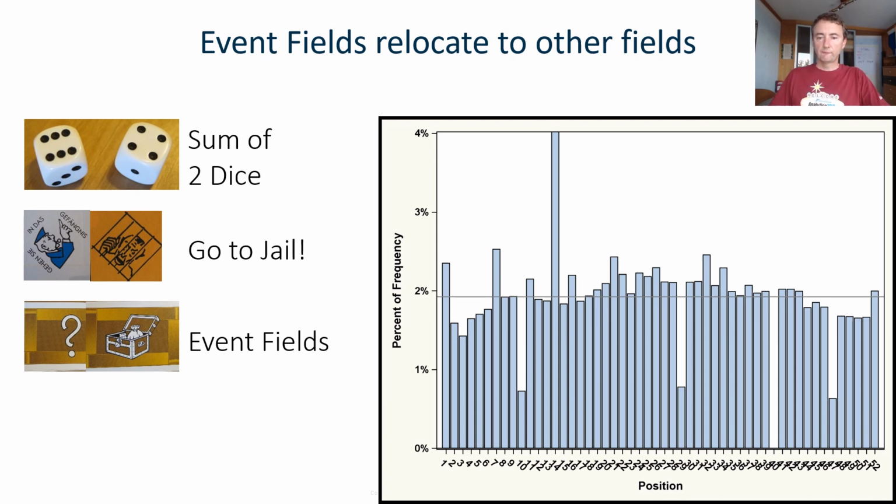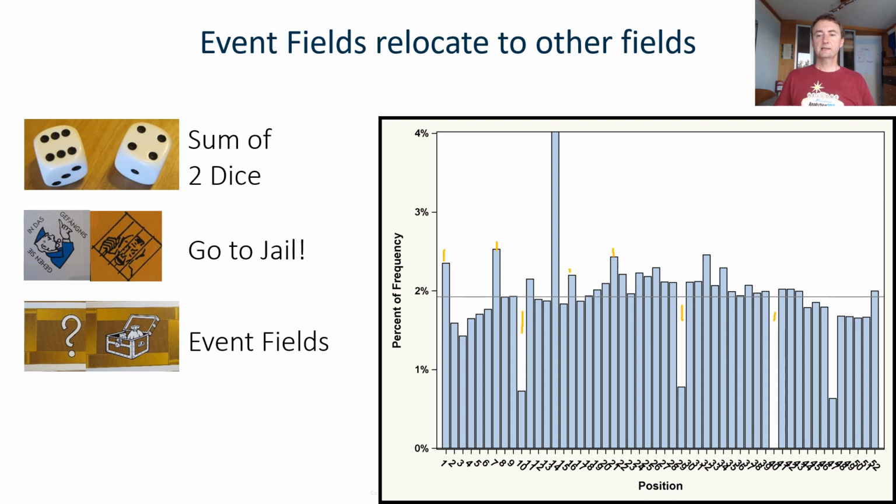Similar to what we've seen before, this has the effect that certain fields, here, here, and here, have a lower visit frequency, because if we end up there, we pick up the card, and with a certain probability, we are relocated to a different field. And in contrary, other fields, for example, field number 1, the field you see here, and many others, have a higher visit frequency because you're more often relocated there.